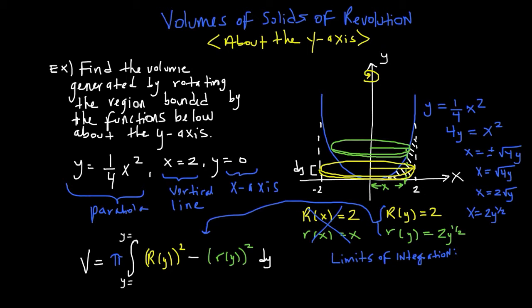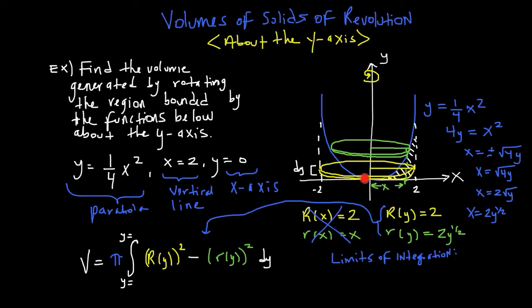And so now you have to think about it in terms of y. Another thing to consider when you think about the limits is which way are the disks stacking up against each other. These disks are stacking up vertically.